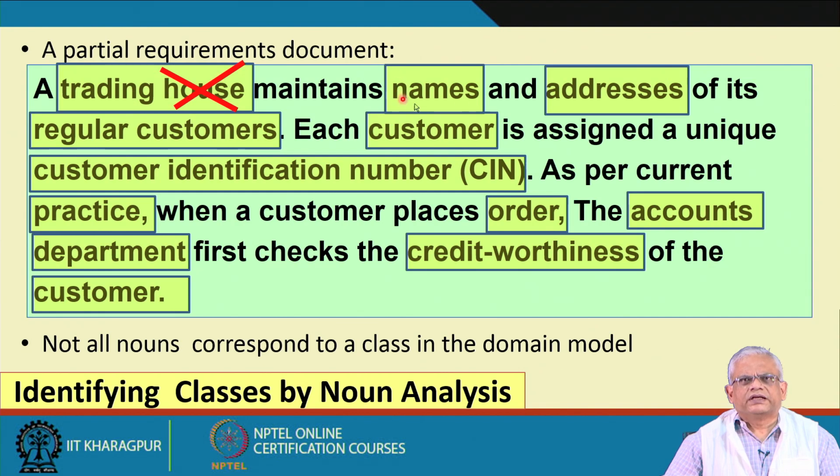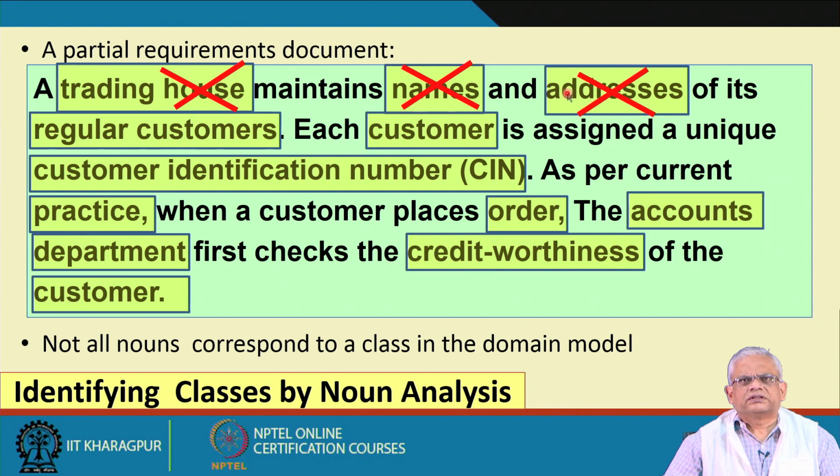What about name and address? We cannot associate any method with the name and address either. These are attributes actually of the regular customer. We do not change the name of a customer normally, and we do not separately store names and addresses.